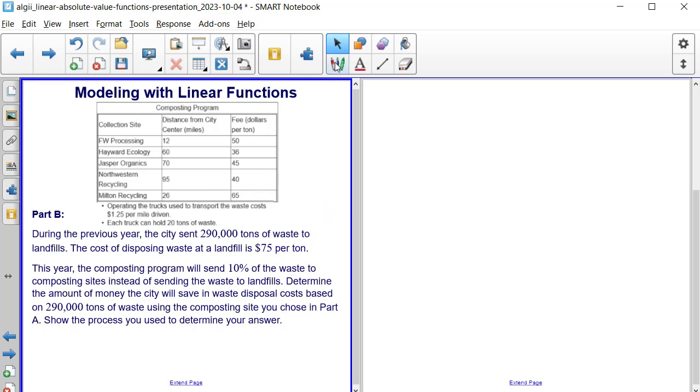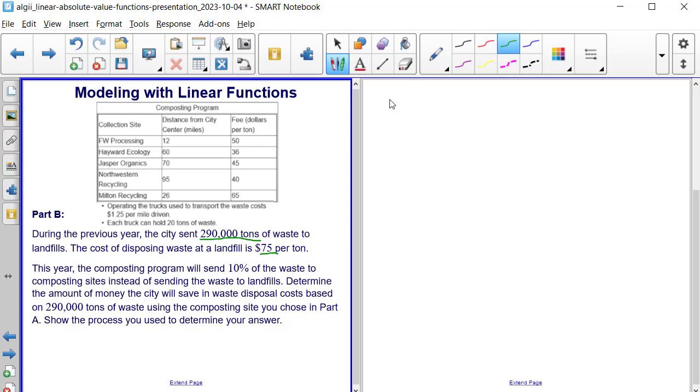Okay, so let's first analyze the first paragraph of this. During the previous year, the city sent 290,000 tons of waste to landfills, and the cost for disposing of this waste at a landfill is $75 per ton.